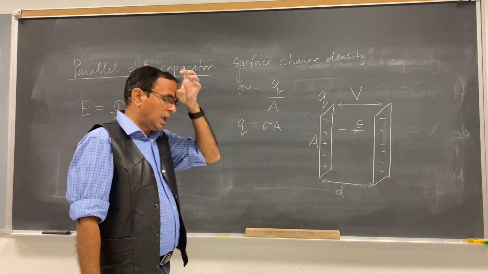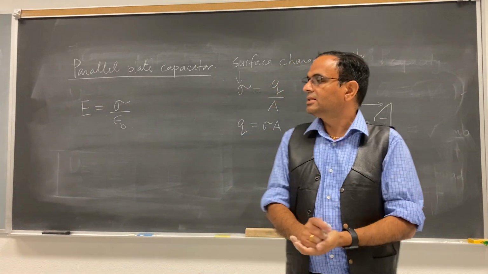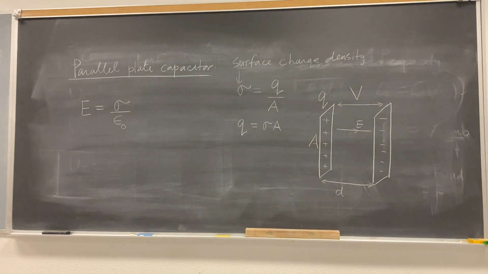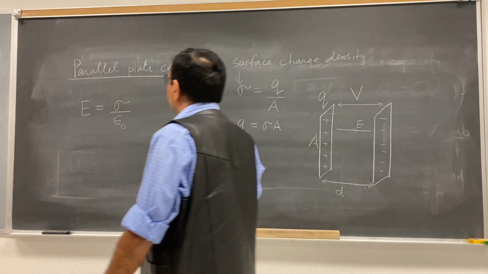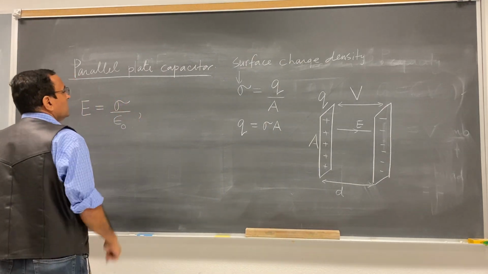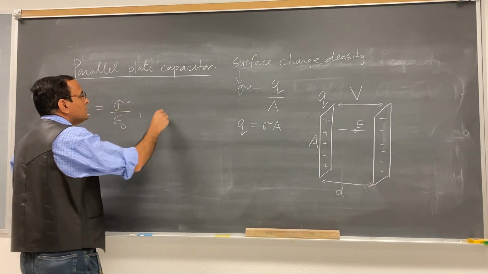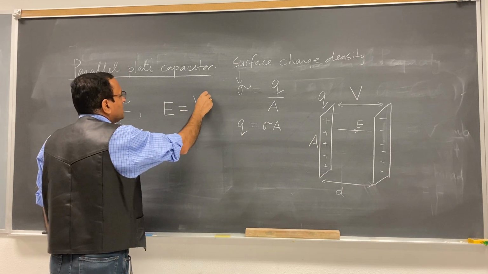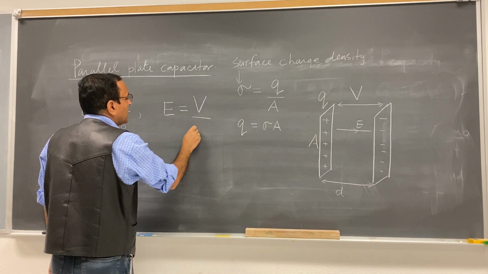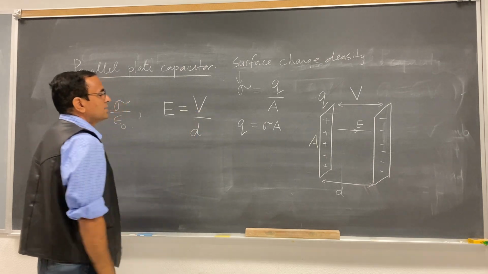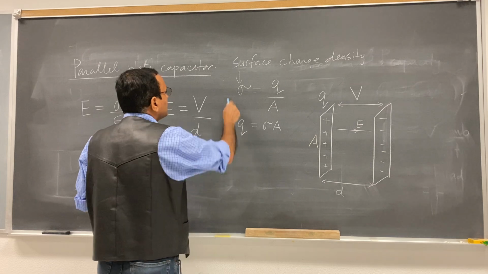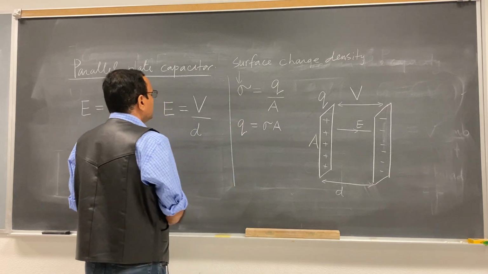So what do you think? How do you calculate the capacitance of the parallel plate capacitors? You know that there is a relationship between electric field and electric potential. E is equal to V divided by D. This V is the potential difference and D is the distance between the plates.